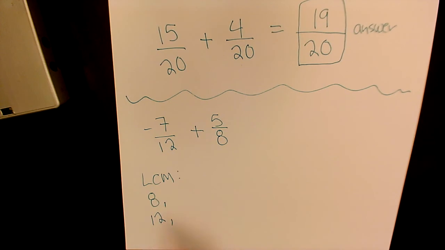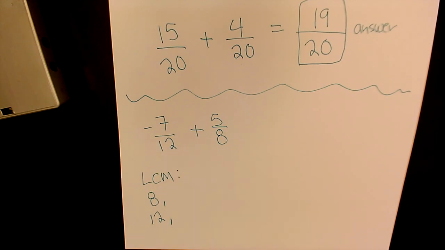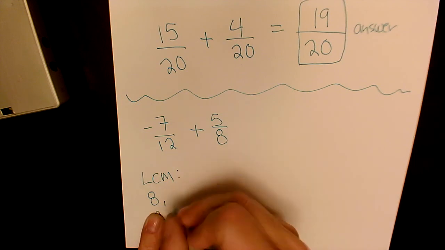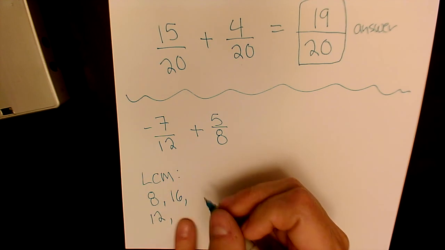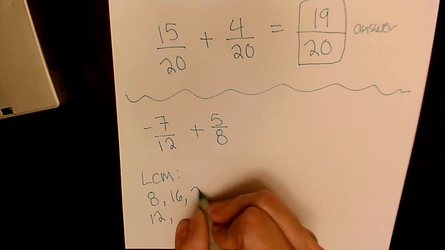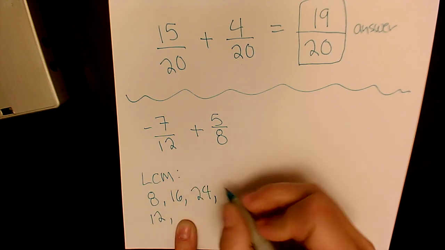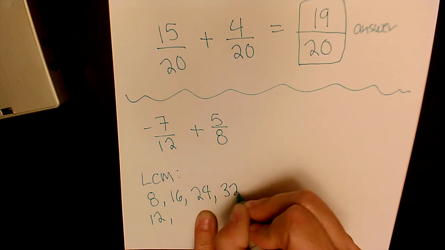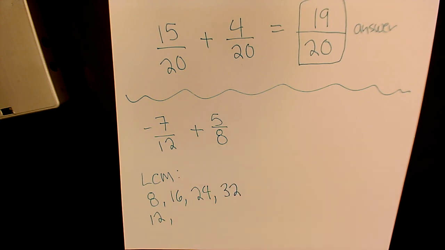So we do the LCM for 8 and 12. So 8 times 1 is 8. Add another 8, or 8 times 2 is 16. Add another 8, or 8 times 3 is 24. Add another 8, or 8 times 4 is 32. And just take it out a couple places.